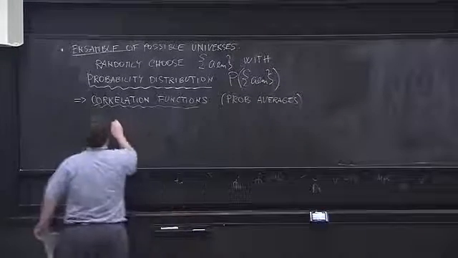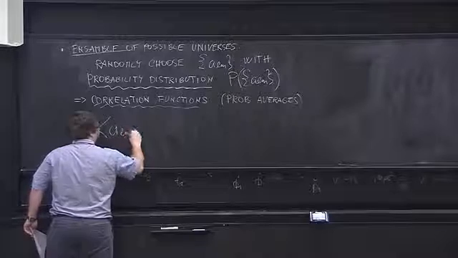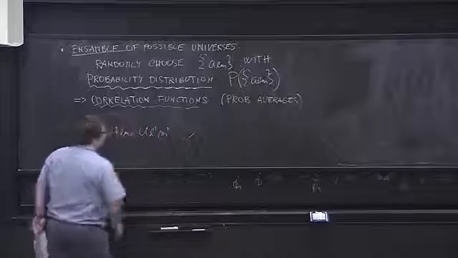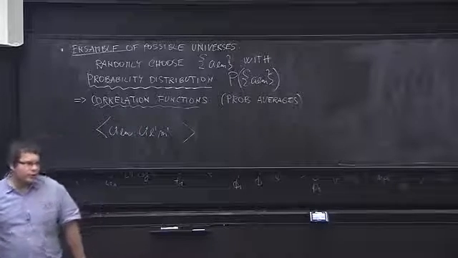For example, I put one ALM here, then A, L prime, M prime, and so on, and then I do this probability average.